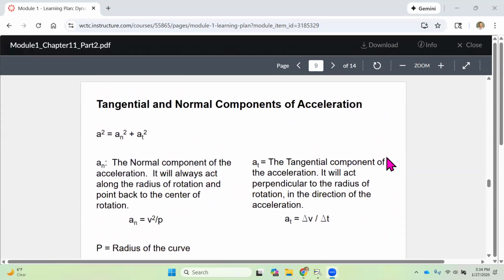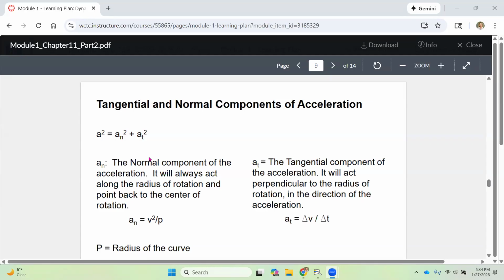So, if we take a look at the next slide here, these equations look familiar to us, okay? First of all, you're going to notice that the total acceleration squared is equal to the normal component squared plus the tangential component squared. This is because it is a form of the Pythagorean theorem.